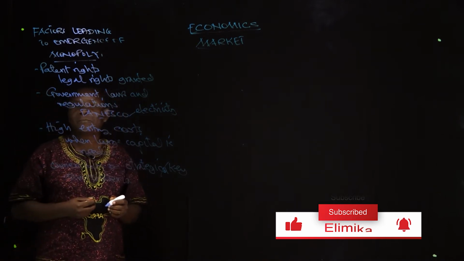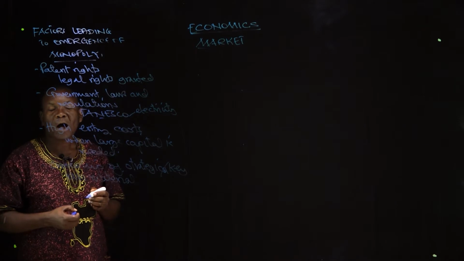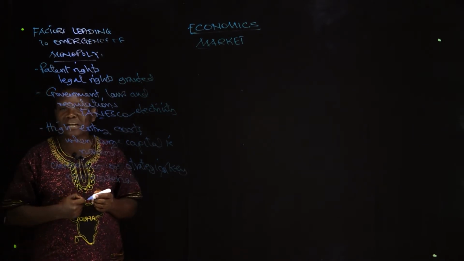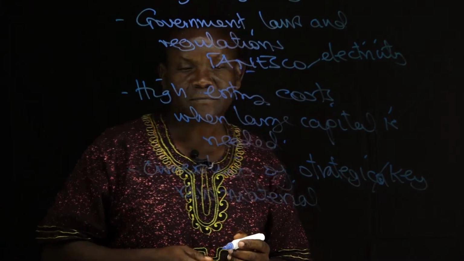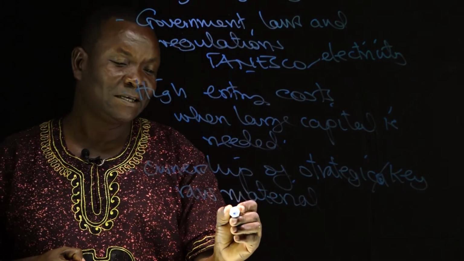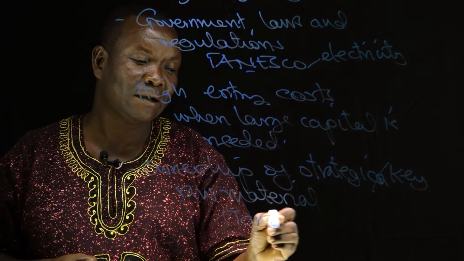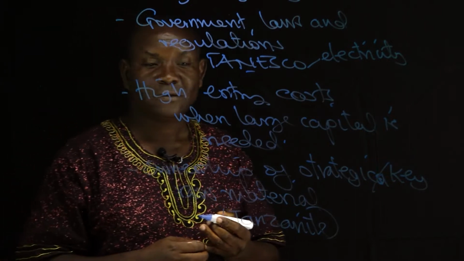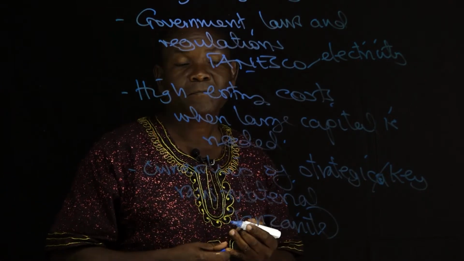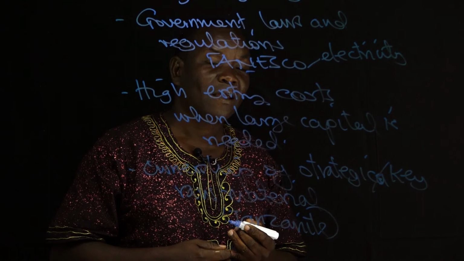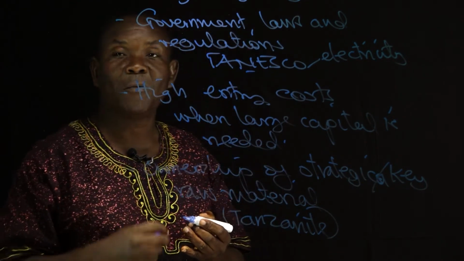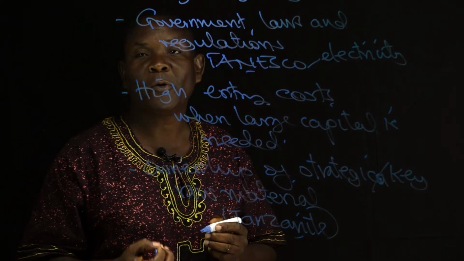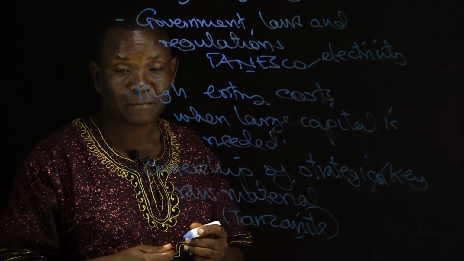For a given production process, you are the only supplier of the raw material for the entire production process. For instance, in Tanzania, we have the Tanzanite, found only in Tanzania. If you want to produce a commodity using Tanzanite, you will have to import it, you will have to buy it from Tanzania.